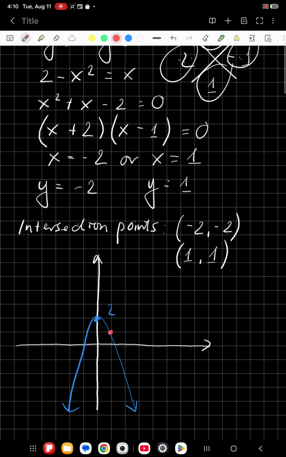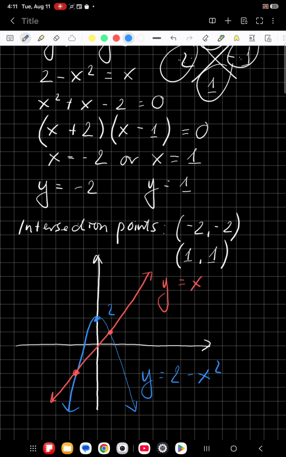The first one is positive 1, and the second one is what it is. And here's my line. It's not perfect, but at least it's going through the origin. This is y equals x, and this is that parabola, 2 minus x squared.